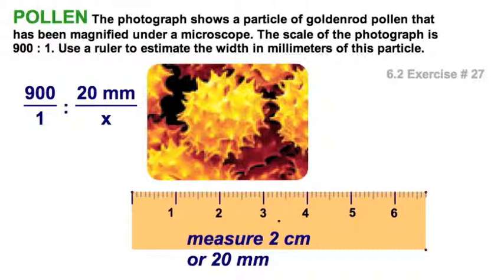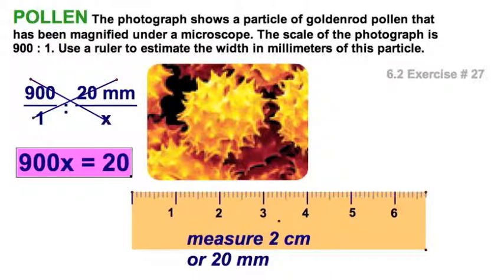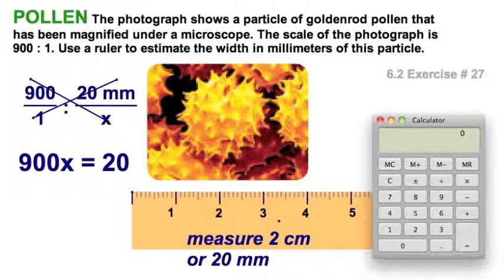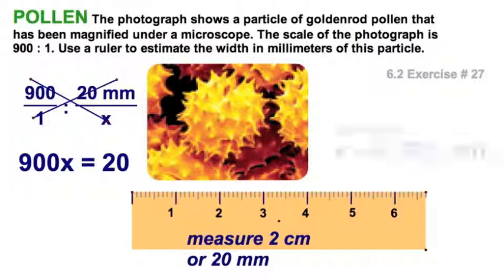So let's do the old cross product here. We've got 900 times x, 20 times 1. And all we need to do now is pull out that calculator. Because now I've got just 20. Divide both sides of the equation by 900. Wow, that's a tiny particle. So looks like 0.02 repeating. And there you go.